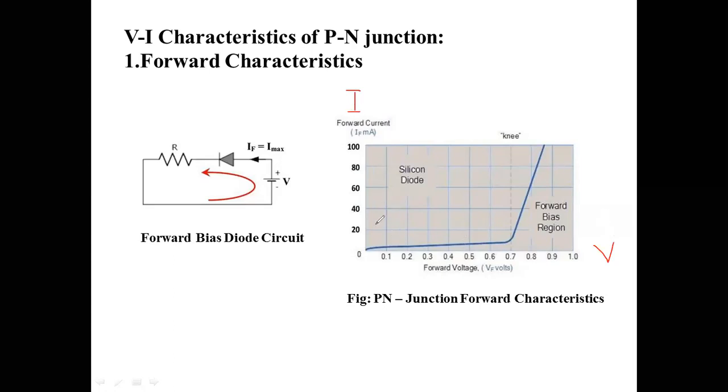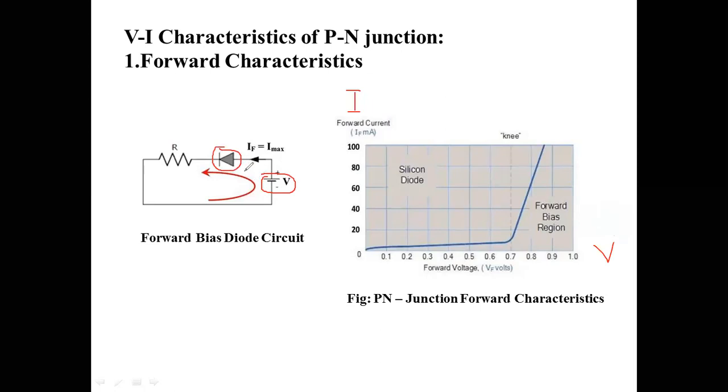Now, if you go on increasing this forward voltage V, the current will increase very slowly because it has not reached the cut-in voltage, or the threshold voltage. What is the threshold voltage or cut-in voltage? It is the voltage at which the diode gets forward biased and turns on.